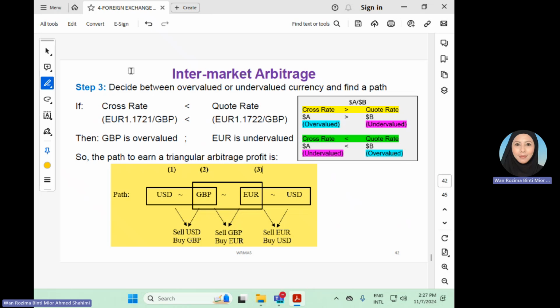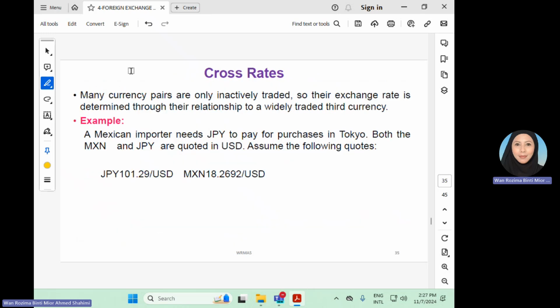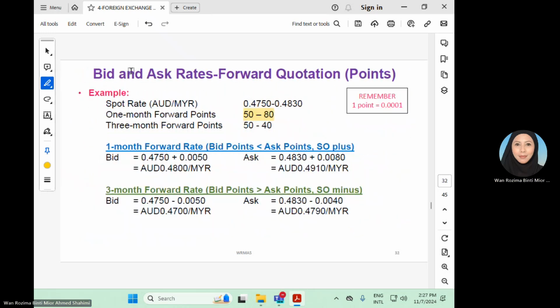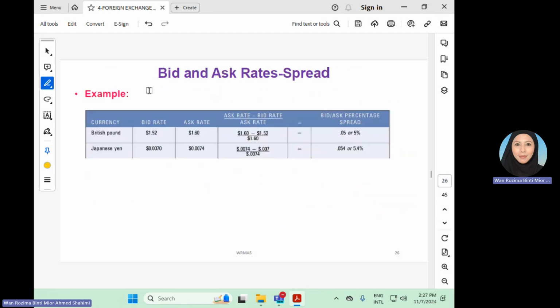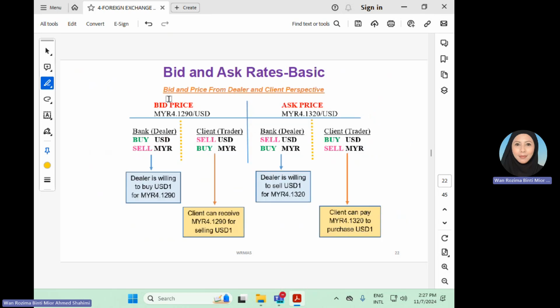So this one is useful for bid price and ask price, the one that you learned before, which is very important. Remember just now, which one to sell, which one to buy.